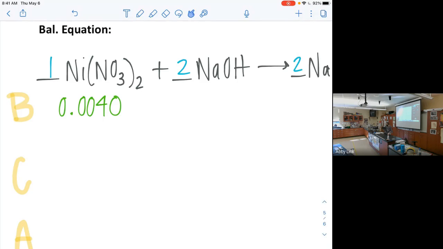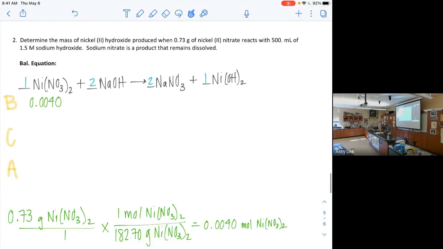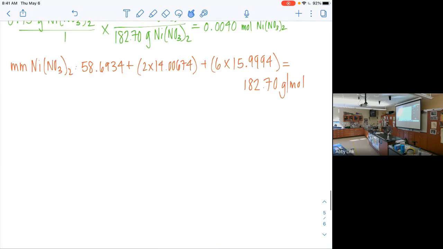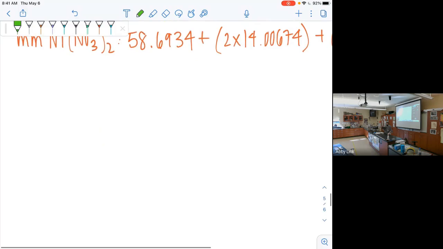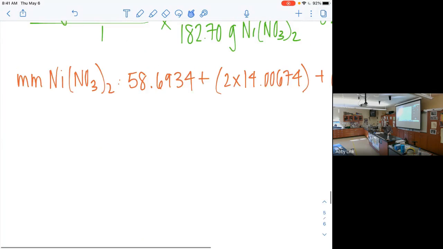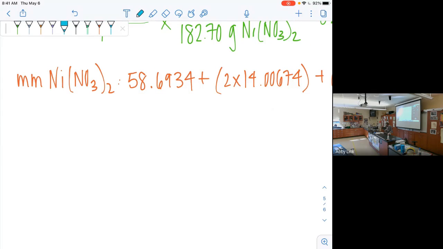Okay. Now, with my sodium hydroxide, they give us 500 milliliters of 1.5 molar sodium hydroxide. So we are going to have to do a little bit of manipulation here. We're going to take our 500 milliliters first, and let's convert that into liters because I can't use milliliters with molarity.